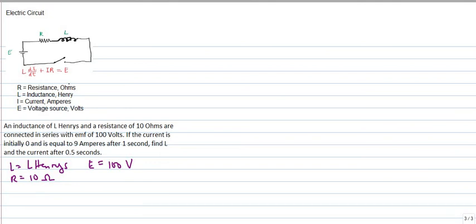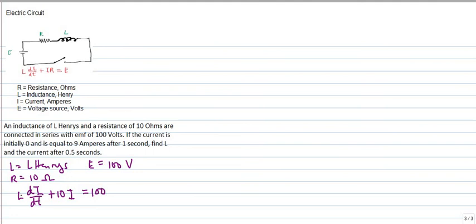To solve this problem, we will use this equation, which I am rewriting: L times the derivative of the current with respect to time, plus I times R. Our R is given as 10 ohms, so we have plus 10I, which is equivalent to E, also given as 100.